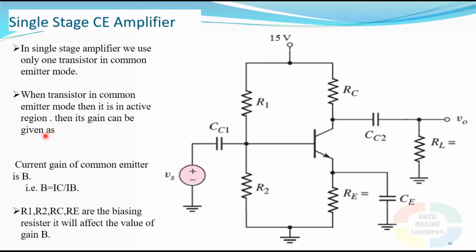Its gain can be given in the form of current, and the current gain is known as beta. Beta is the ratio of output current IC to input current IB, where R1, R2, RC, RE are biasing resistors, and they affect the value of beta.